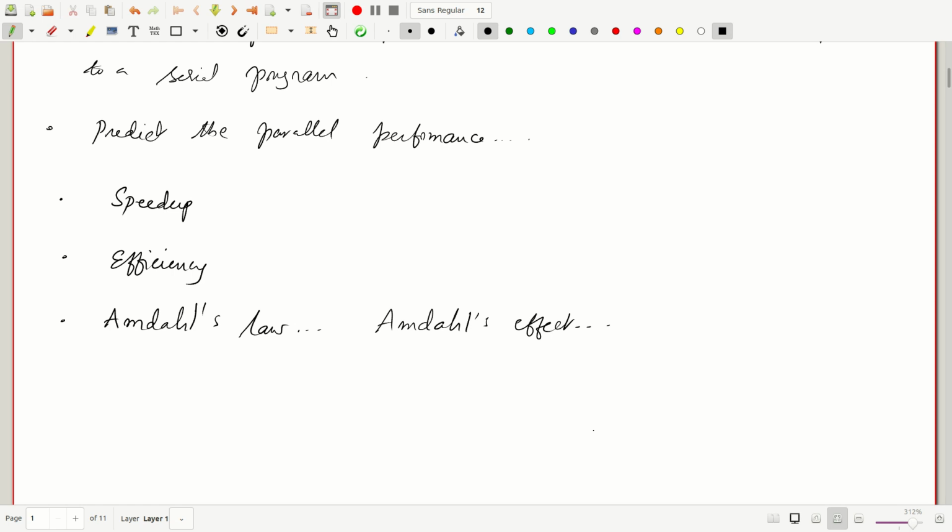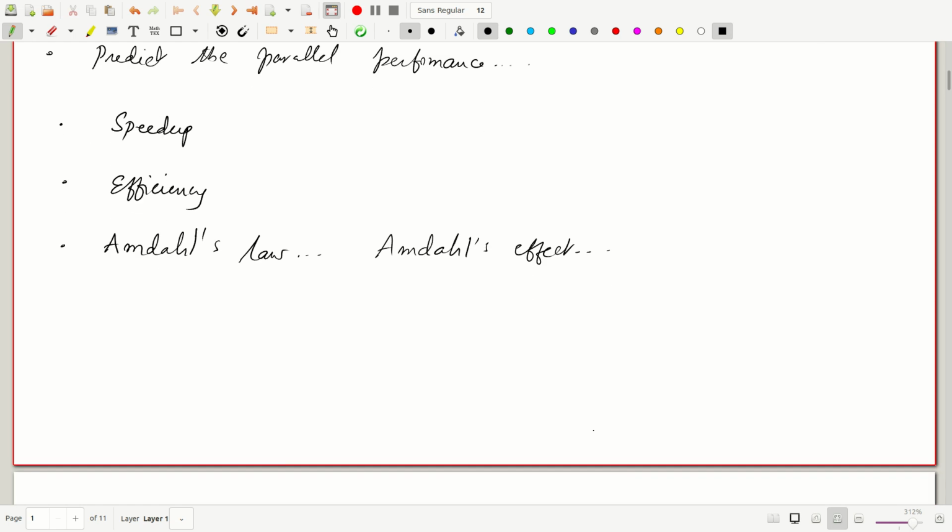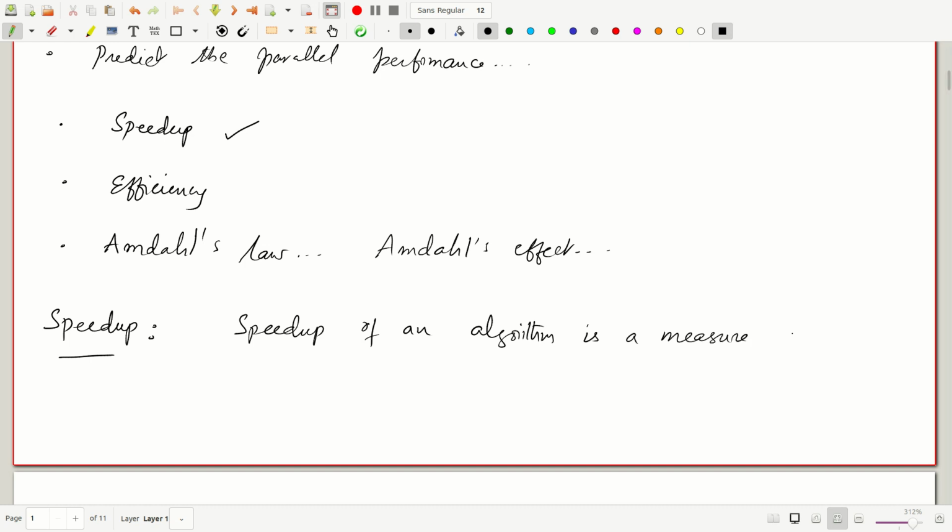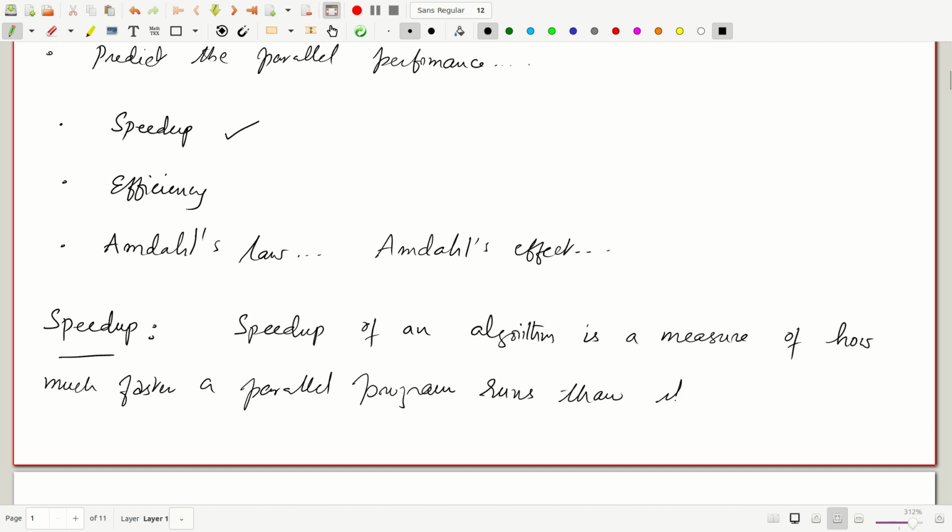In order to know how much faster a parallel program performs compared to a serial program, we use the first metric, that is known as the speedup. Speedup of an algorithm is a measure of how much faster a parallel program runs than its sequential counterpart.